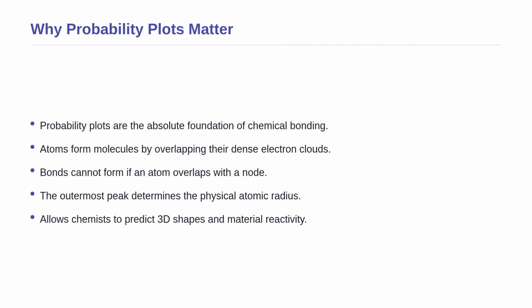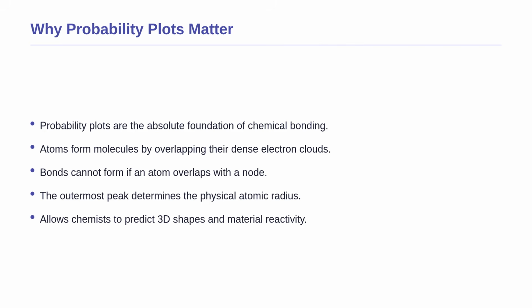You might wonder why we spend so much time calculating nodes and drawing these bumpy graphs. The reason is that probability distribution plots are the absolute foundation of chemical bonding and reactivity. When two atoms come together to form a molecule, they do so by overlapping their electron clouds. If we do not know the shape of these clouds, where they are dense and where their dead zones are, we cannot predict how they will overlap.